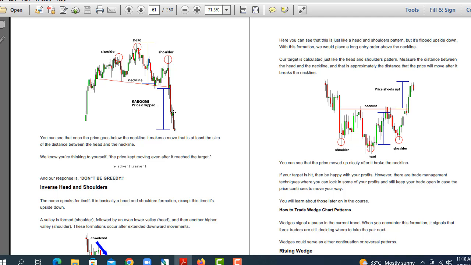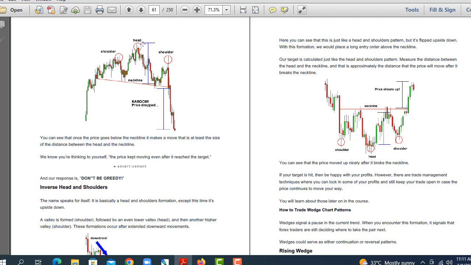Probably you can relate to this from your trades in the past, where you are bullish on the market and you see something going in your direction, and before you know it, the market reverses and you're stopped out, and it goes the other way around. So guys, that's how this actually plays.